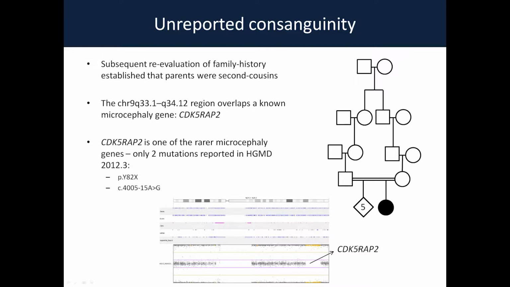So at this point, I think typically we might have thought about exome sequencing to look at all the genes in this region, but we noticed that one was a really outstanding candidate gene, a known microcephaly gene called CDK5RAP2. However, at the time this was one of the rarest microcephaly disease genes, and in HGMD in 2012 there were only 2 mutations reported in this disease gene.